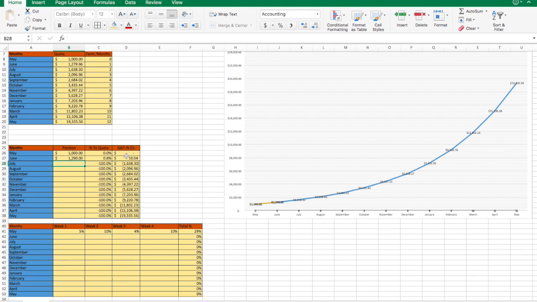Let's say you actually only made $100, so you're at $1,100, right? Now it's telling you that you're down 14.1% to quota, and that's $179.96. That can give you a better understanding for this upcoming month that you have a gap to fill, plus your normal gap that you're going to have to do.